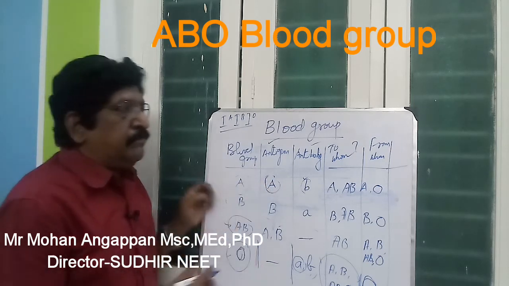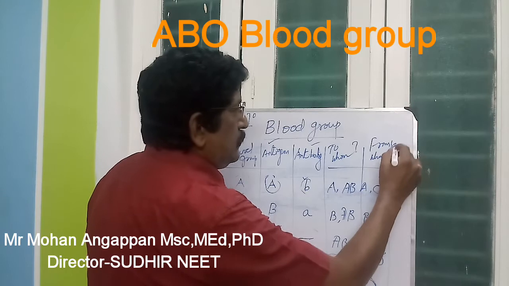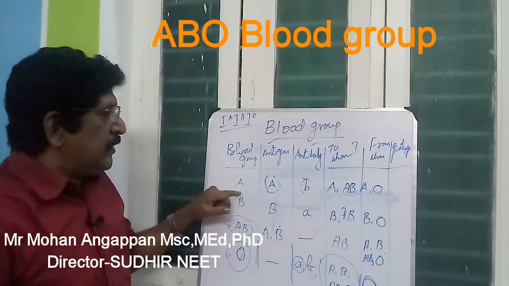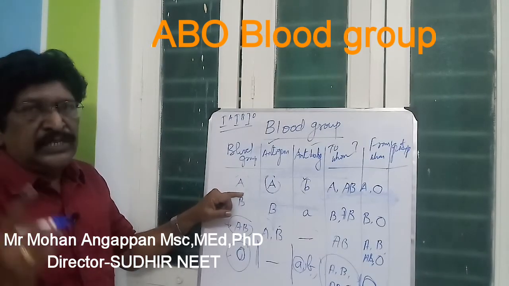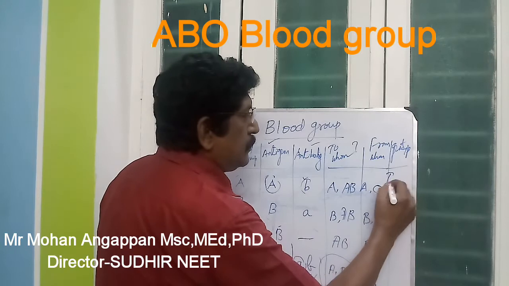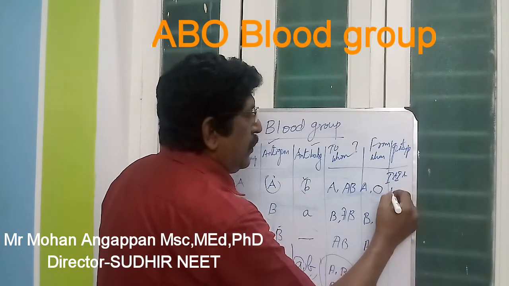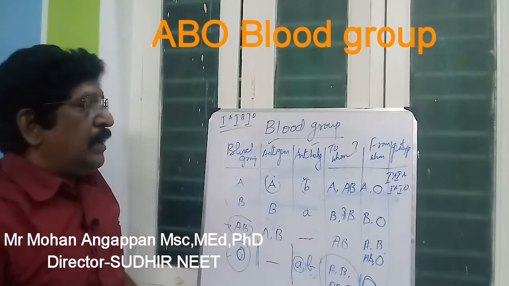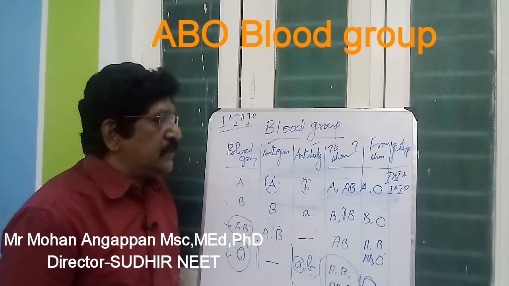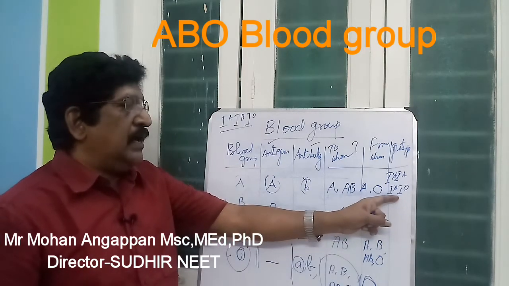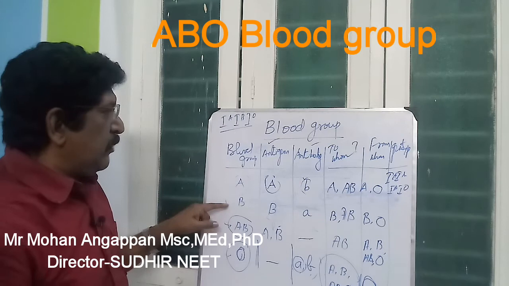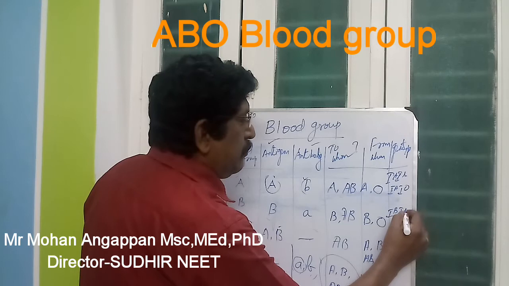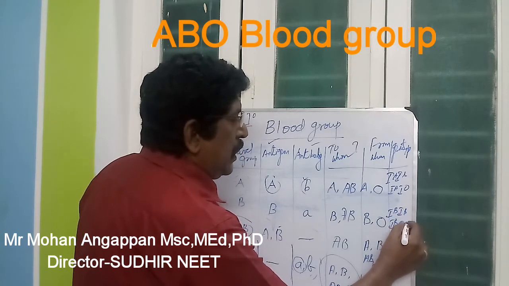Now coming to the genotype, this is very important. For blood group A, there are two genotypes, IA IA and IA I0. So IA IA is homozygous dominant, IA I0 is heterozygous. Likewise, for blood group B, the genotype will be IB IB and IB I0.